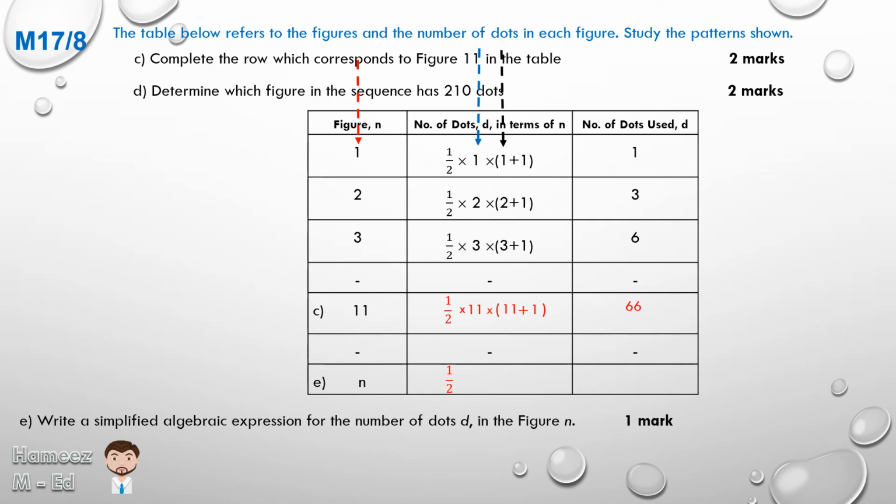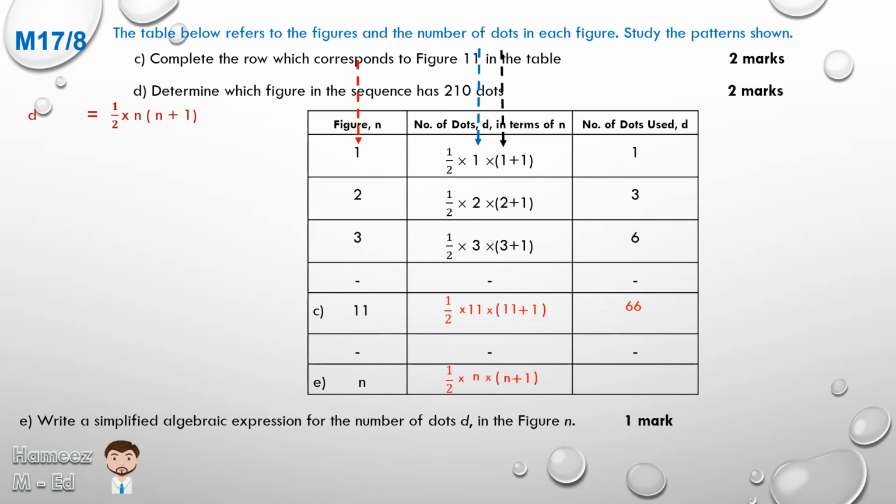A half, because it's the same coming down, times, again, multiplication. And it's not 1, 2, 3, or 11, it's any number from the first column. So we use N times brackets N plus 1. And that will give us D. So if we know this formula, D is equal to a half times N by N plus 1.